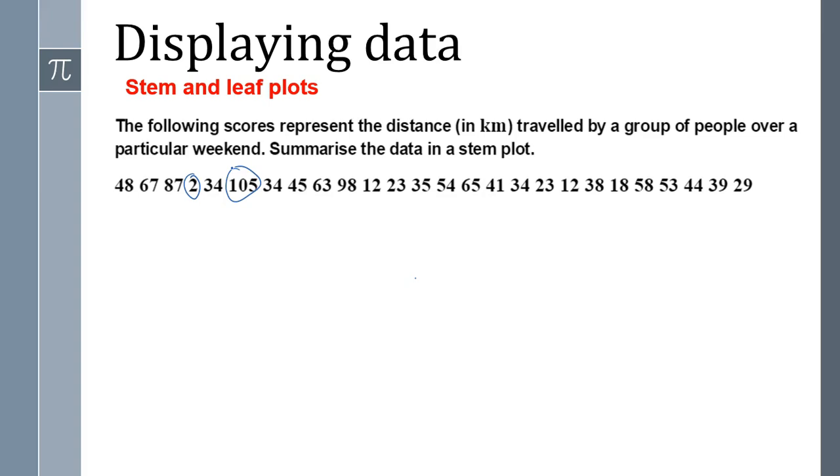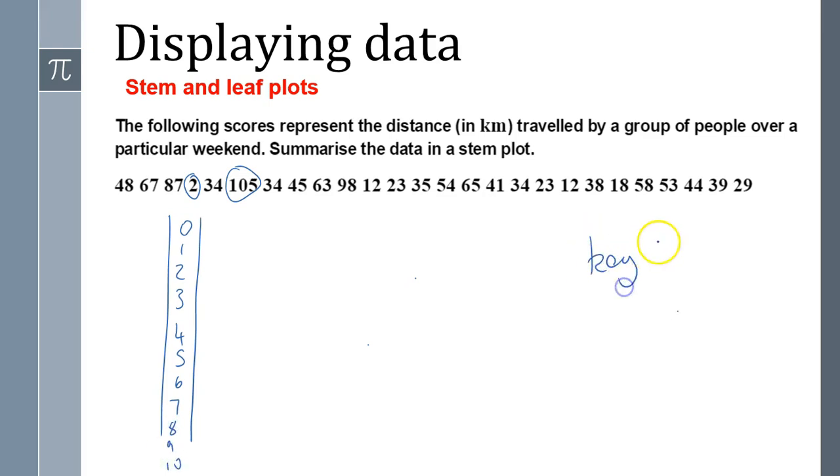Okay, so we need to figure out what we're going to put as a stem and what we are going to put as a leaf. And I imagine I would put my stem as 0, 1, 2, 3, 4, 5, 6, 7, 8, 9, 10, with my key being 10-5 is 105.